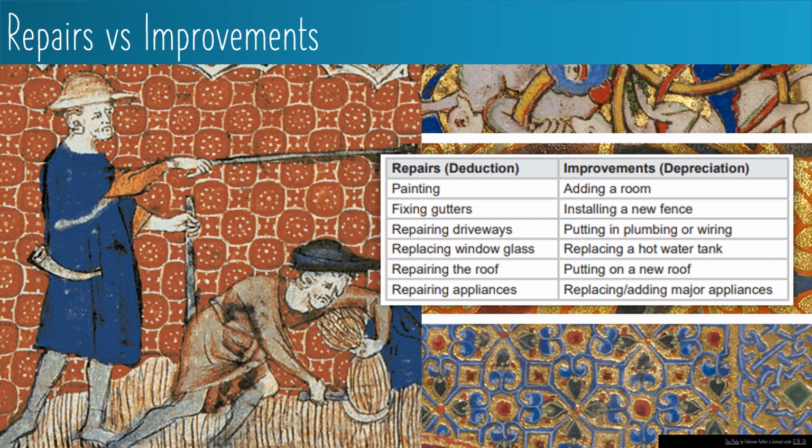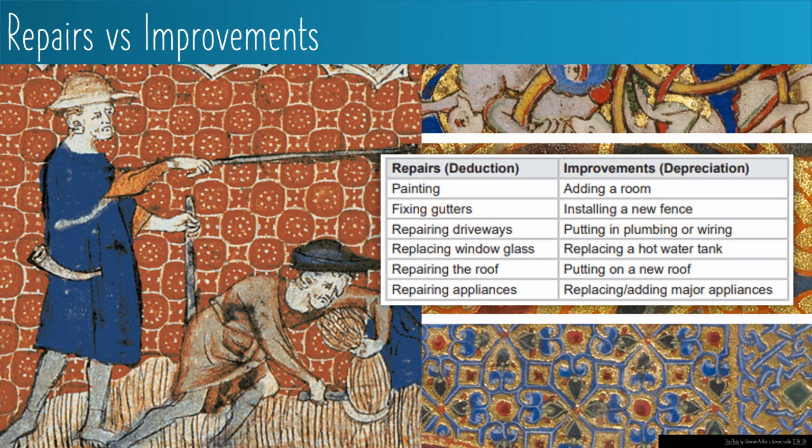Those are all things that are considered expenses. You would expect these things to be ordinarily wearing down and needing just some regular upkeep, or they affect a small portion of the overall asset. Like for instance, with window glass, it's a small portion of that overall house.